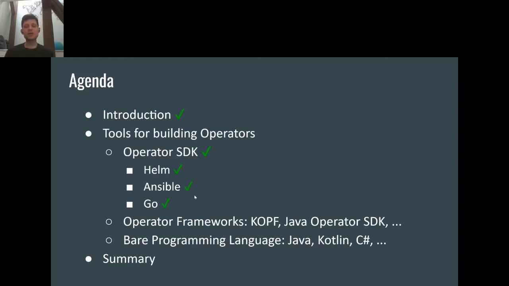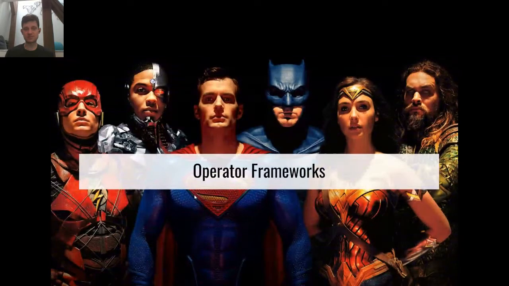But that is not the only way you can implement an operator. There are two other big options. One is to use some other operator frameworks, but not Operator SDK, because there exist some other operator frameworks. And that's what we're going to cover right now.